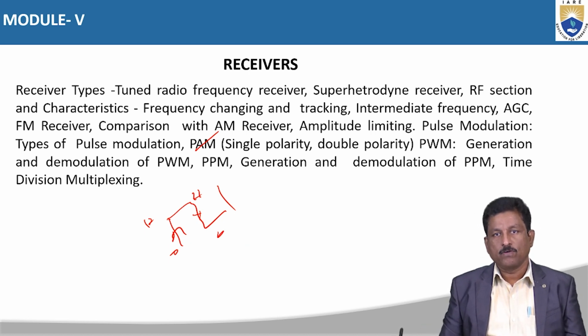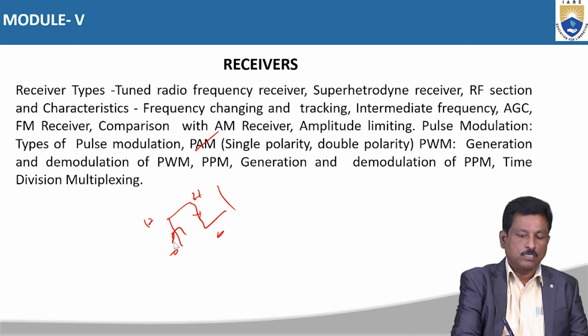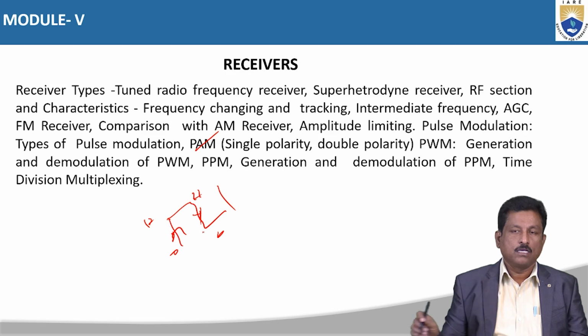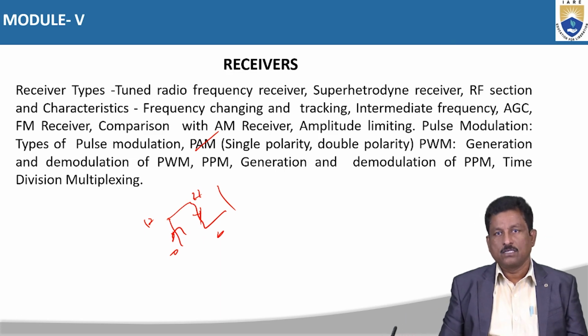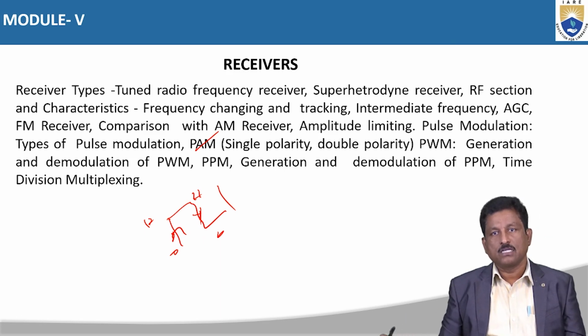Increasing from a low value to a high value is known as a leading edge, and falling from a high value to a low value is known as a trailing edge, or falling edge. Based on the position of these edges, leading edge or trailing edge, according to the instantaneous value or strength of the modulating signal, it is known as pulse position modulation.